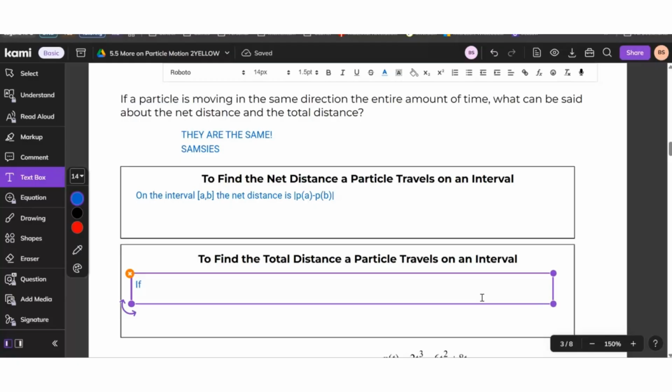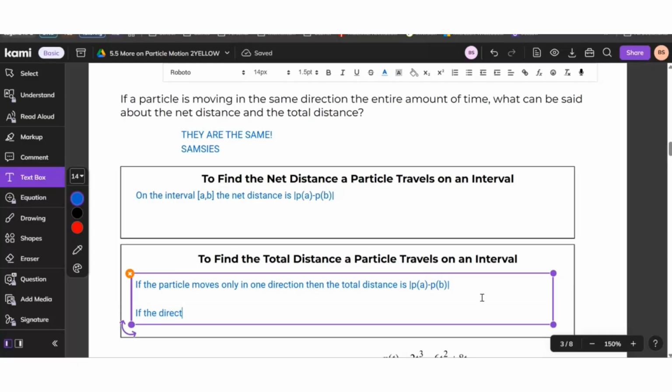Okay, next one. We're going to find total distance. So if the particle moves only in one direction, then the total distance is the absolute value of P of A minus P of B, or the other way around.